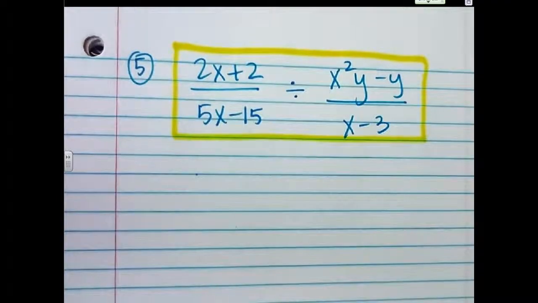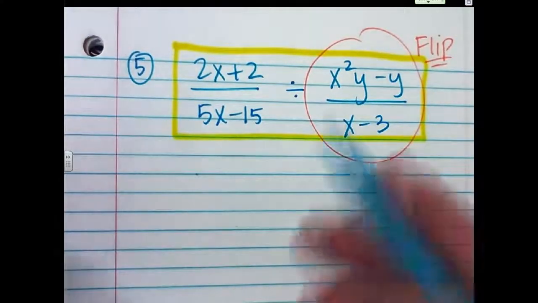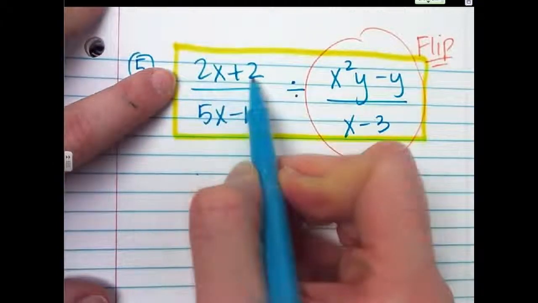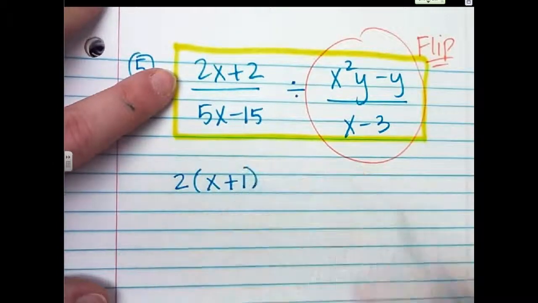Flip it. Yeah, flip it. So this is going to get flipped. So when I rewrite, I'm going to factor. What can I take out of this top left part? 2. So I get 2 times x plus 1.